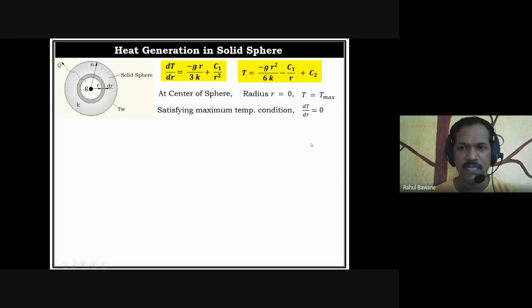So dT by dr at r equals 0 is 0. Why? Because it is the maximum temperature condition, and we are getting T as T max at the center.